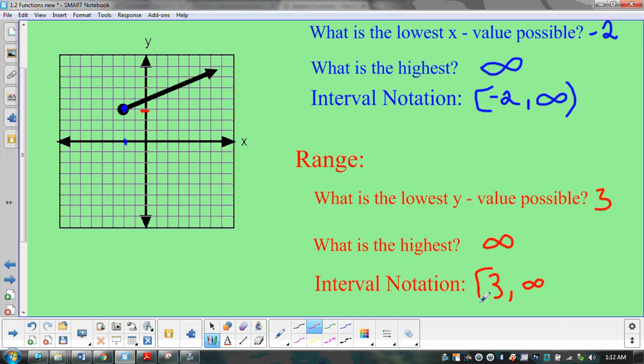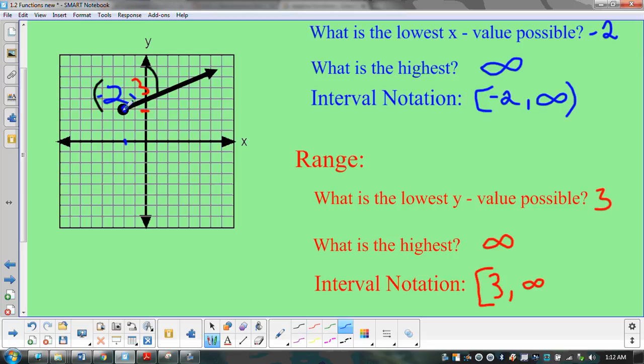Strong bracket because the 3 is definite. The coordinates of this point are 2, 3. The reason that's very important for you to see, and I even color-coded them, is that the x coordinate of that point goes with our domain. The y coordinate goes with our range.